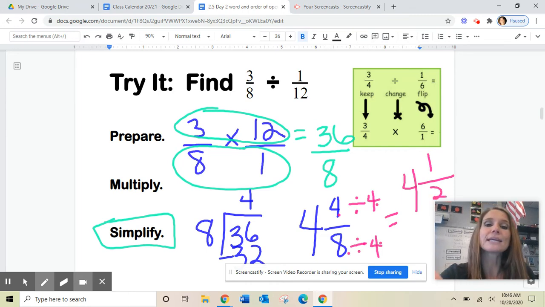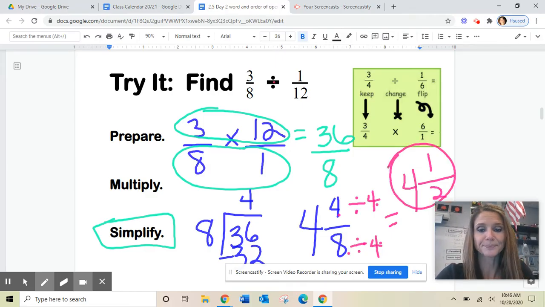So 3/8 split into groups that are 1/12 in size means I could make 4 and 1/2 groups. The pieces are really tiny, but I can still do that 4 and 1/2 times. How'd you do? Were you able to prepare? How about multiply? And how about simplify both ways?